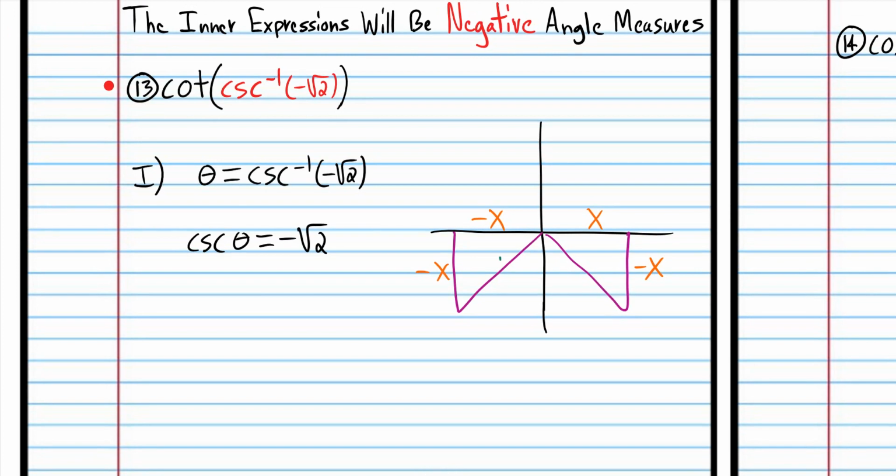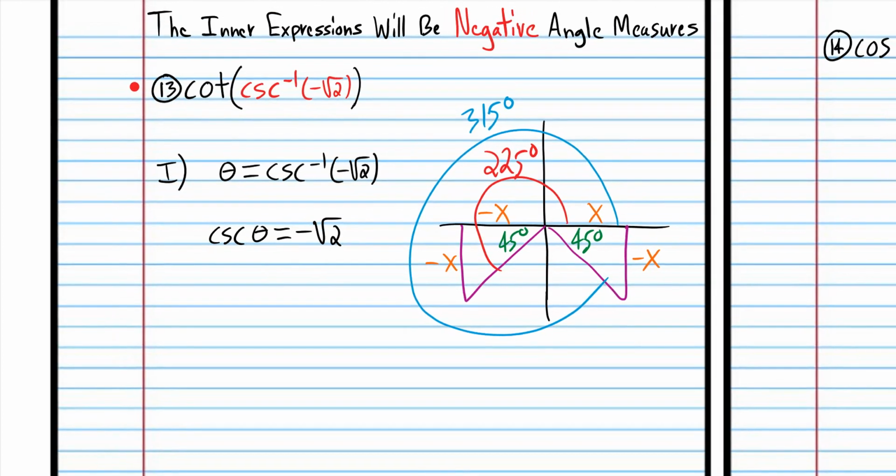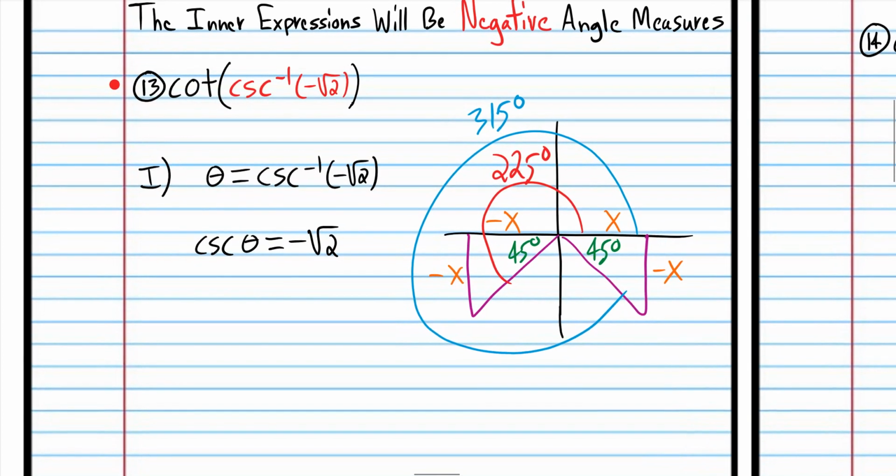And so the reference angles are 45 degrees, and the actual angles are 225 degrees, and this angle is 315 degrees. So theta is equal to 225 degrees or 315 degrees.